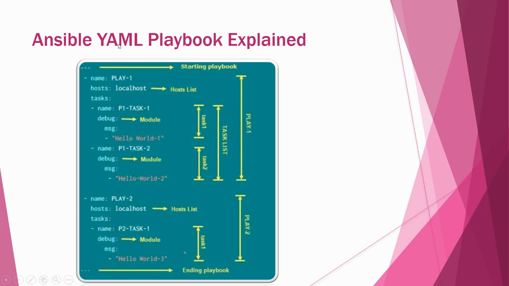YAML means yet another markup language, and it is usually in plain English. This is called the complete playbook, this part is called play one, and this is called play two. Under each play you will have tasks, and under a task you will have many modules. Got it? This is how the playbook usually looks.